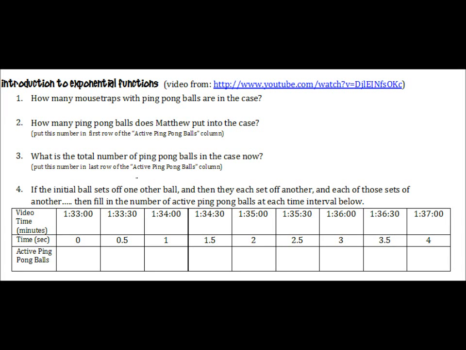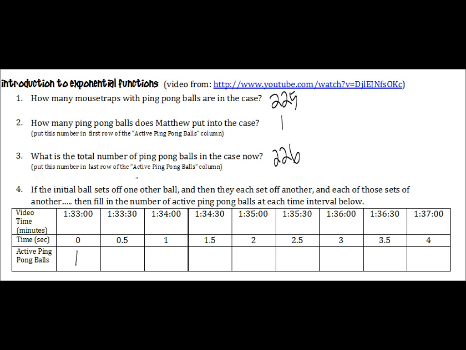If you were listening, you saw that this case started with 225 ping pong balls. Matthew initiated the reaction with 1 ping pong ball, for a total of 226 in that case. If that initial ping pong ball sets off another ball, and they each set off another, and each of those sets off another, we can fill in the number of active ping pong balls at each time in this chart. At time 0, Matthew starts with 1 ping pong ball.